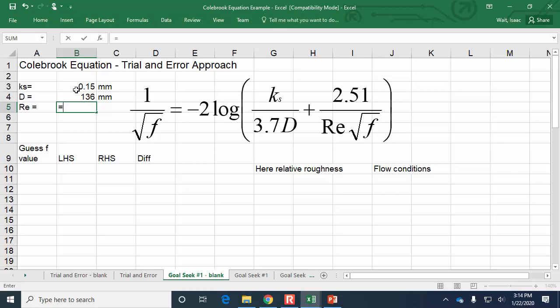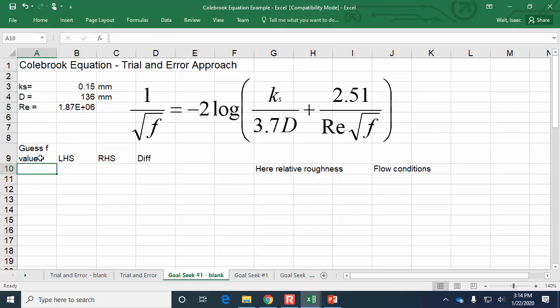So it is 13.77 times the pipe diameter, 0.136, divided by the kinematic viscosity, 1 times 10 to the minus 6th. All right, so 181.87 million, just like we'd gotten before.